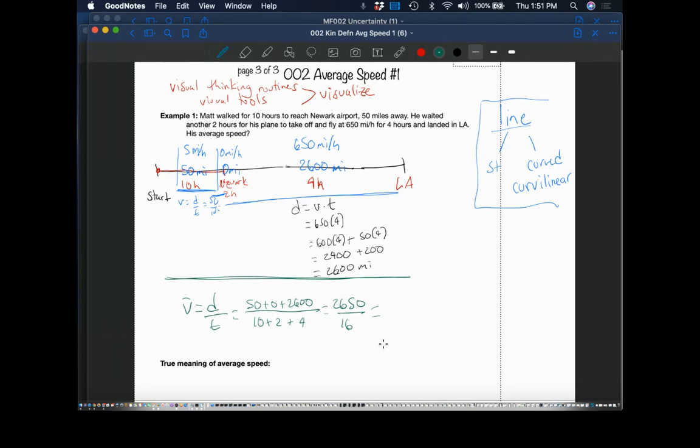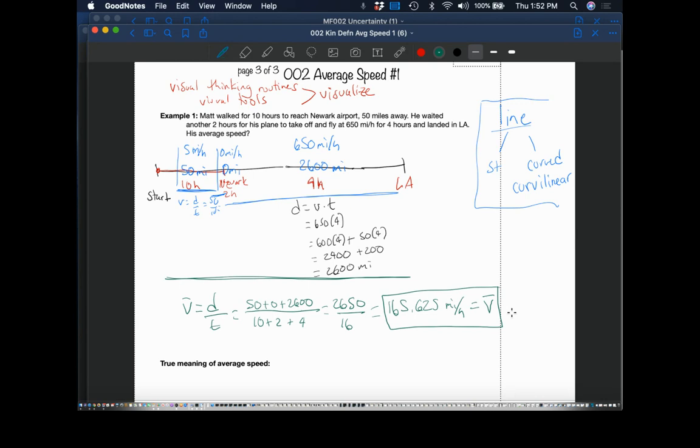Take a moment to figure that out on your calculators. Turns out to be 165.625 miles per hour. And what is that? That is the average speed. Now, we're not worried about significant digits at this point because we're just interpreting it.